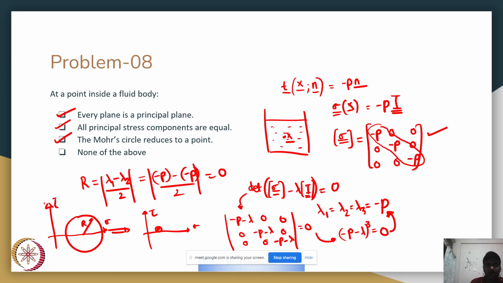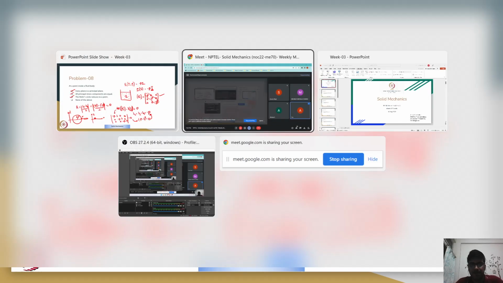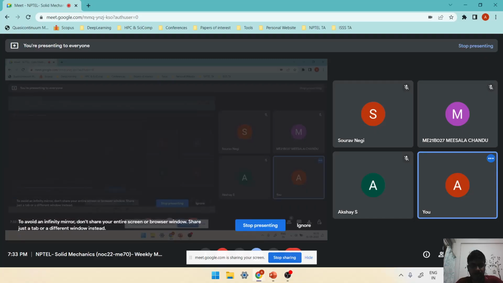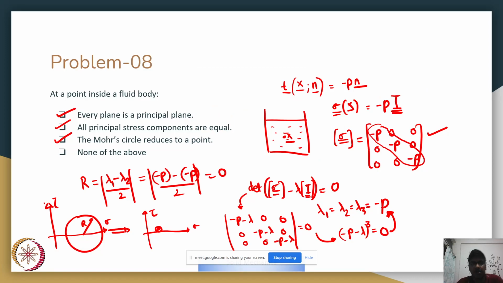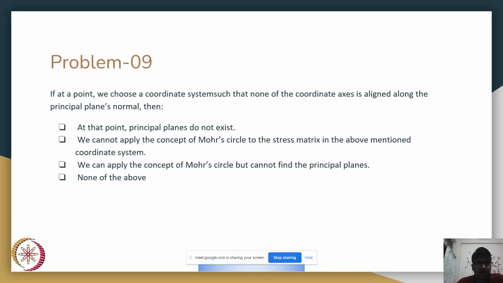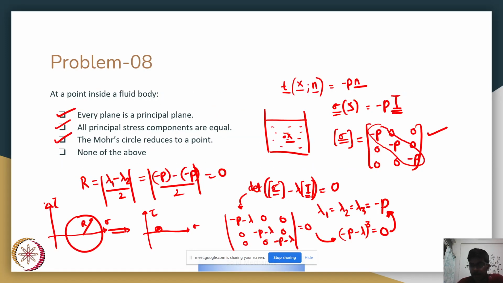Okay, so all three statements are true. This is clear, right? It's a relatively straightforward problem, I think.